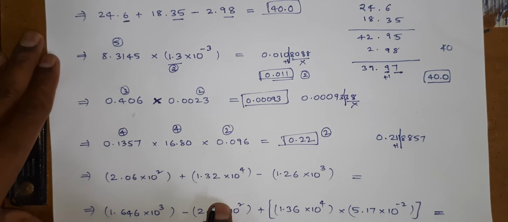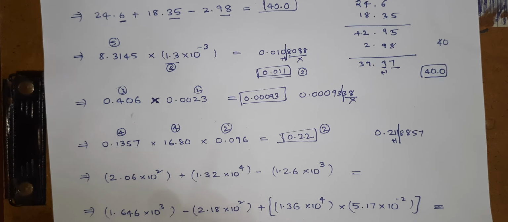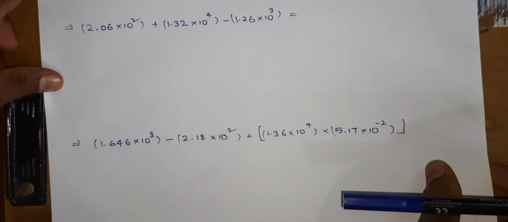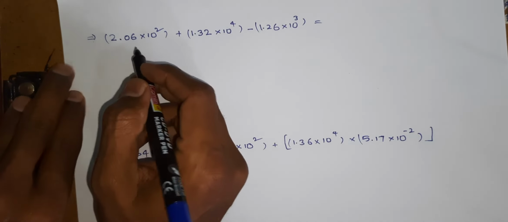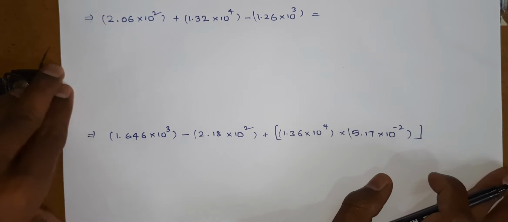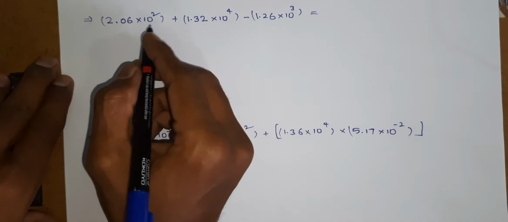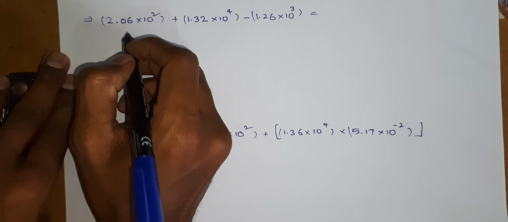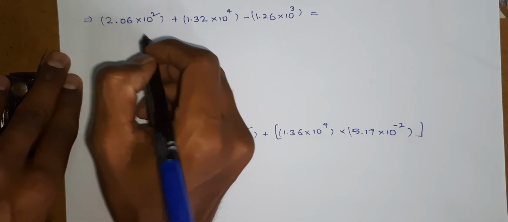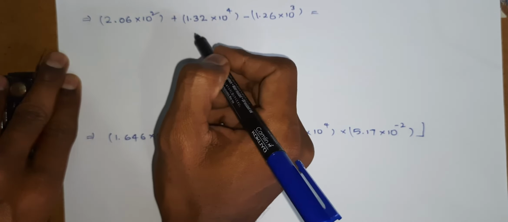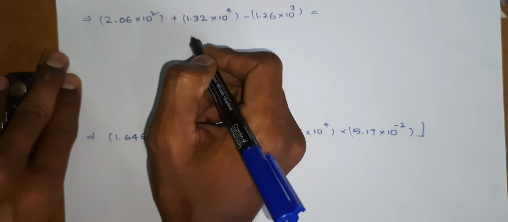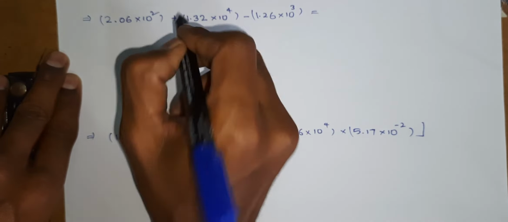Coming to the next one, this is a somewhat tricky one, so I will show. In this type, first of all you have to identify the large quantity and write the other quantities with the same power of 10 as appears in the large quantity.